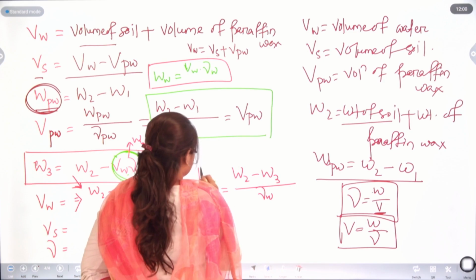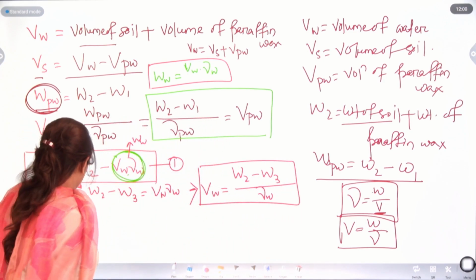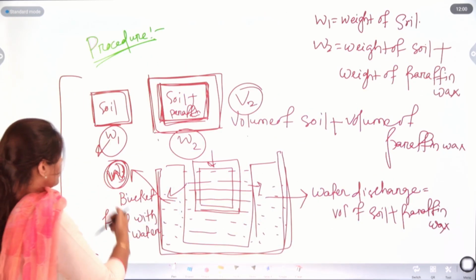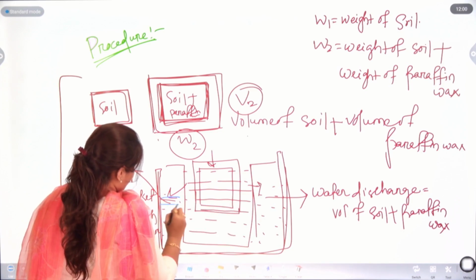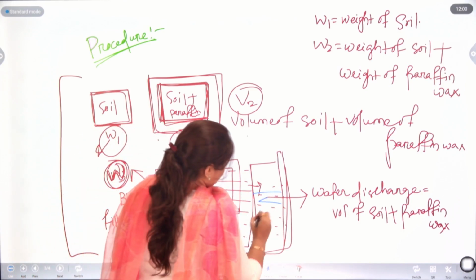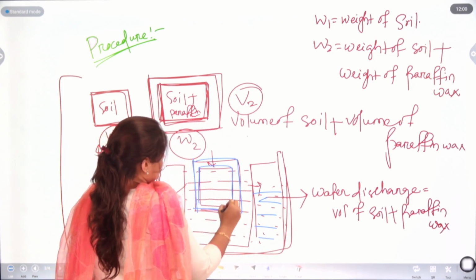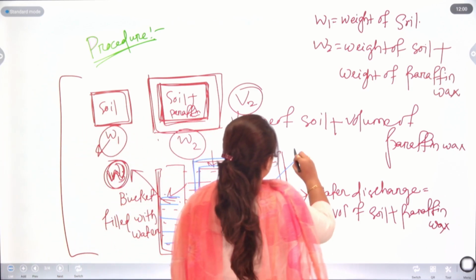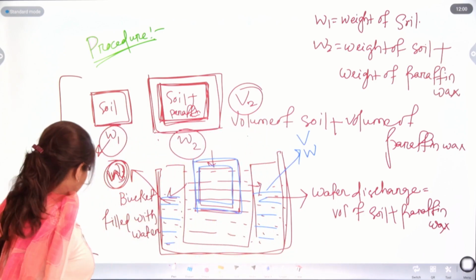Gamma w. So, now we have the volume of water that was discharged here. So, the Vw is from here. It is the water discharged due to this box, this soil with paraffin wax. Now, we have calculated the Vw. Okay.